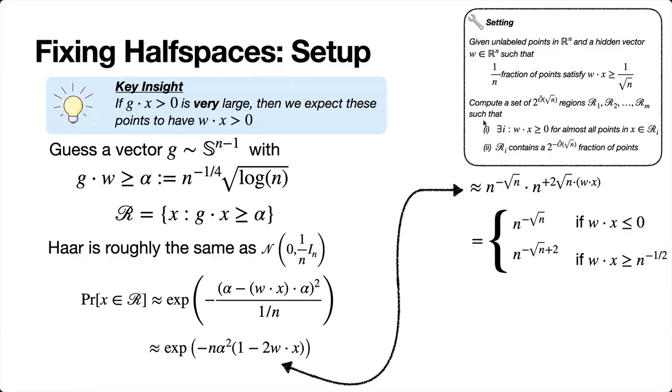And for that reason, maybe there's a 1 over n fraction of points that have a large margin, but they appear with n squared times as much likelihood. So I expect only a 1 over n fraction to be labeled negatively, right? So most points in this region are in fact positively labeled. So I've accomplished my goal.